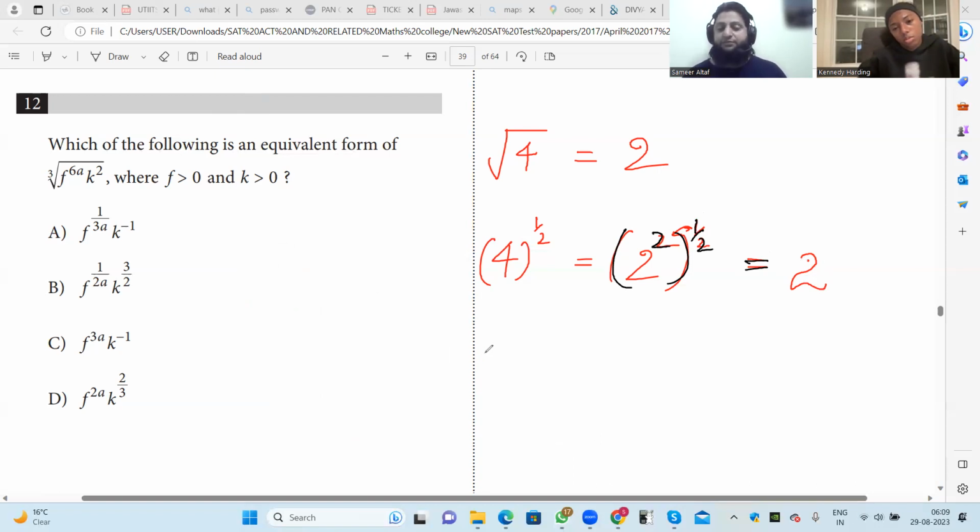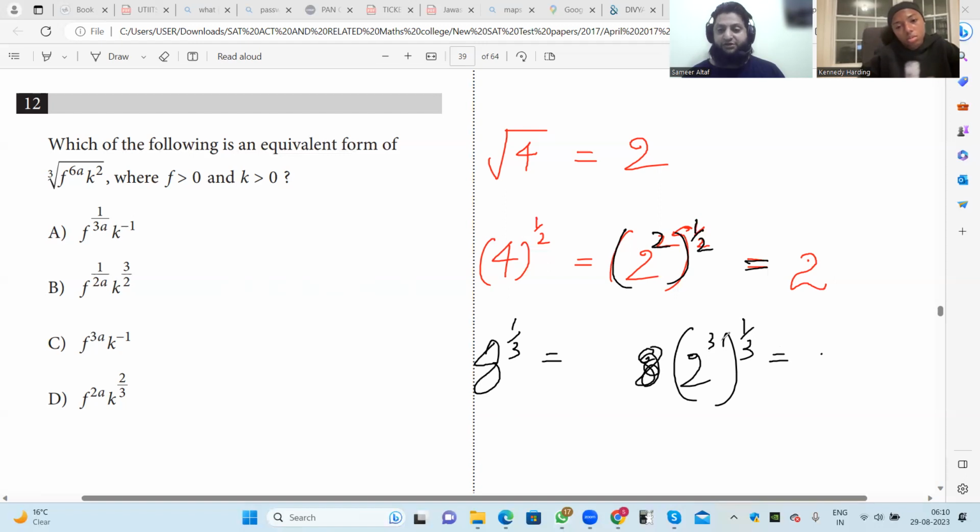Now if you have 8 raised to the power 1/3, or I can say 8 can be written as 2 cubed, 2 cubed raised to the power 1/3. How much would that be? You are using the rules of exponents, right? 3 is raised to the power 1/3.